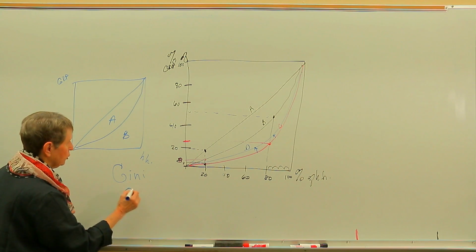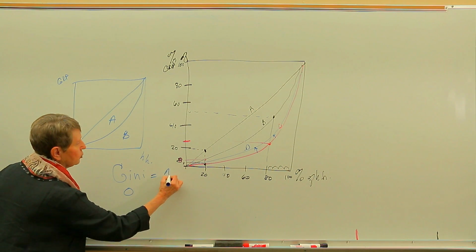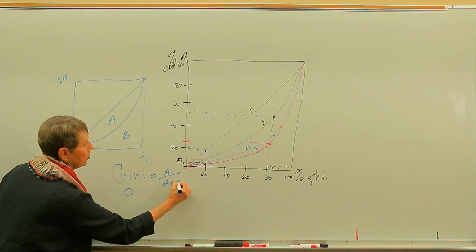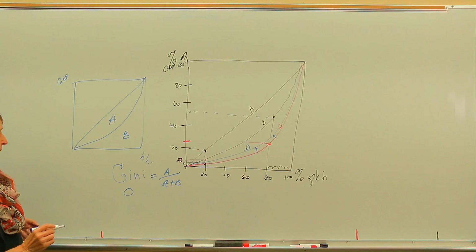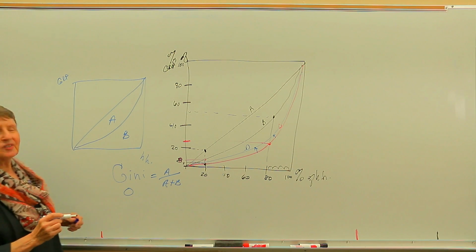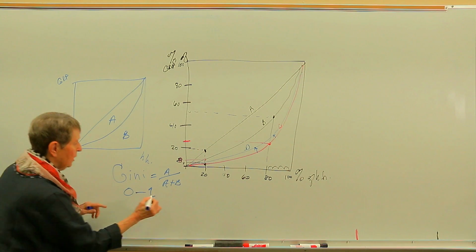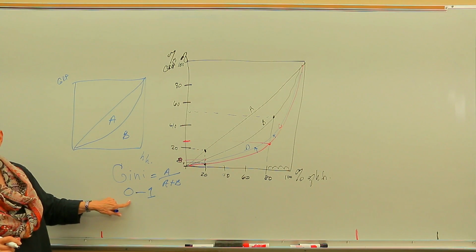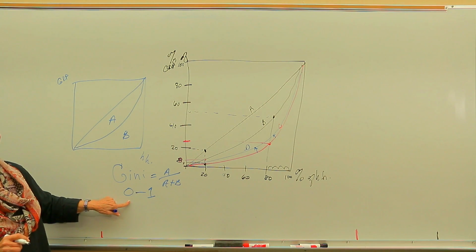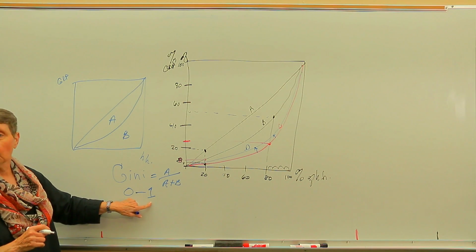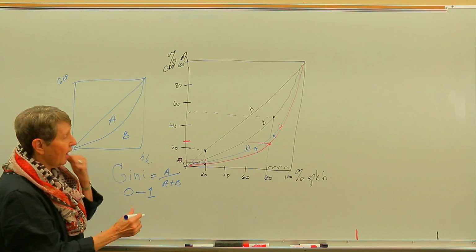The Gini Coefficient is actually area A divided by area A plus B. The Gini Coefficient is somewhere between 0 and 1. The closer the Gini Coefficient is to 0, the more equal the distribution. The higher the Gini Coefficient, the more unequal the distribution.